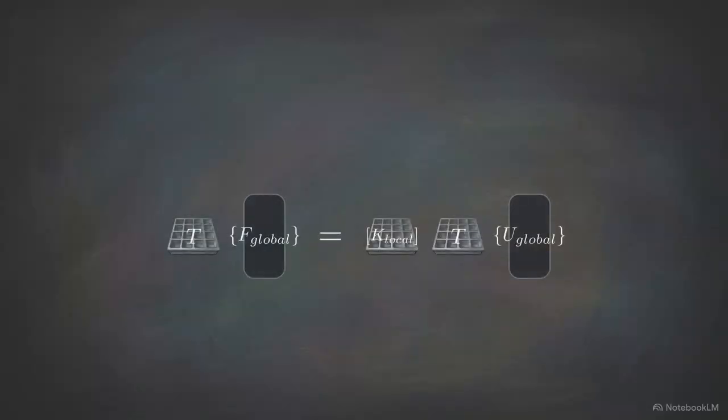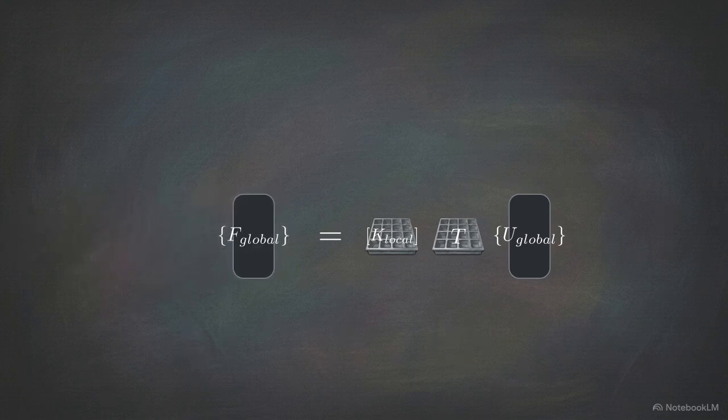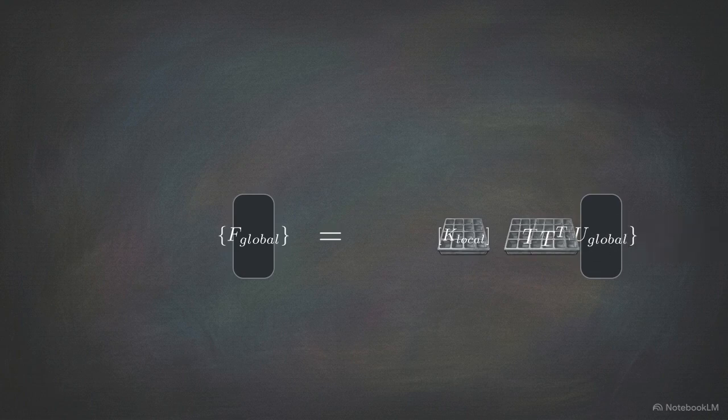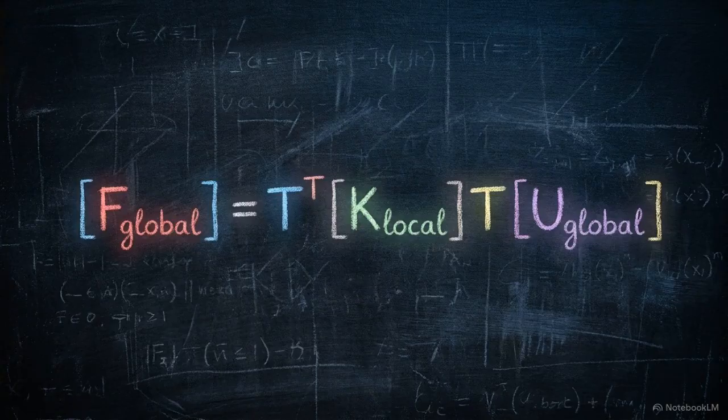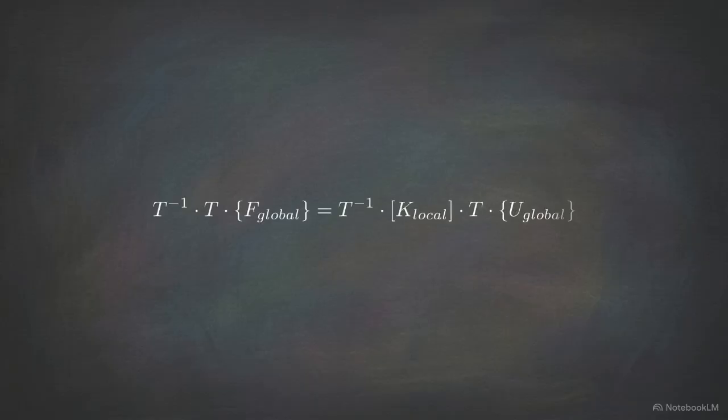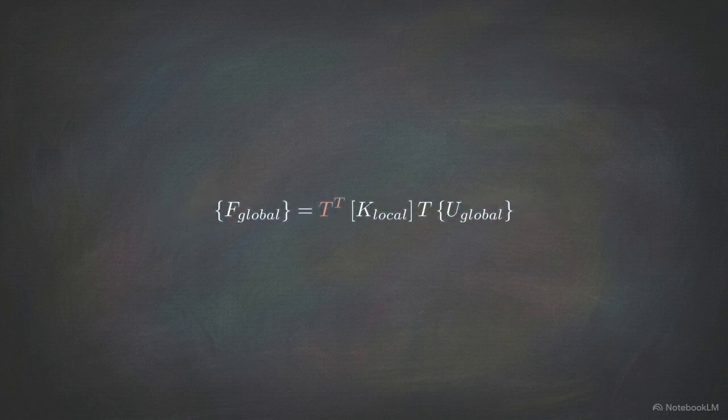For an orthogonal matrix, the inverse is simply the transpose, swapping rows for columns. Multiplying the left side by T transpose cancels the matrices, isolating the global force vector. On the right, T transpose is added to the chain. The equation is now fully resolved in terms of global variables. By utilizing the property of orthogonality, we have removed a significant computational hurdle, resulting in a clean global force equation.